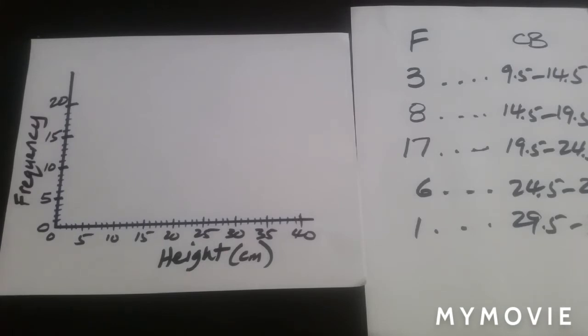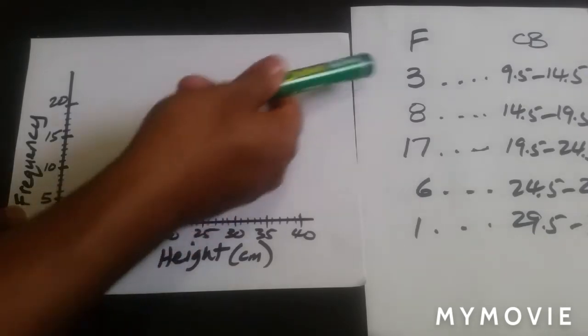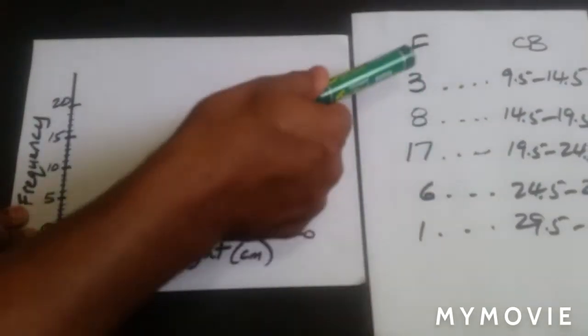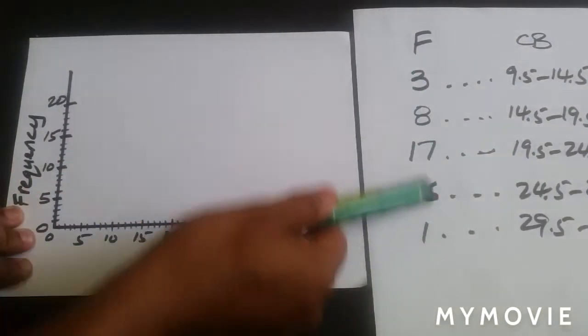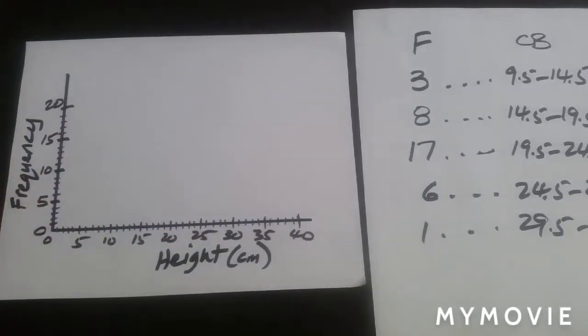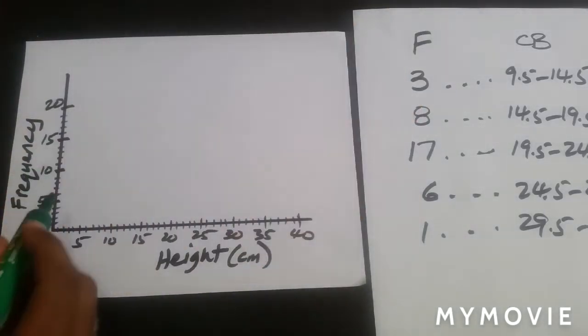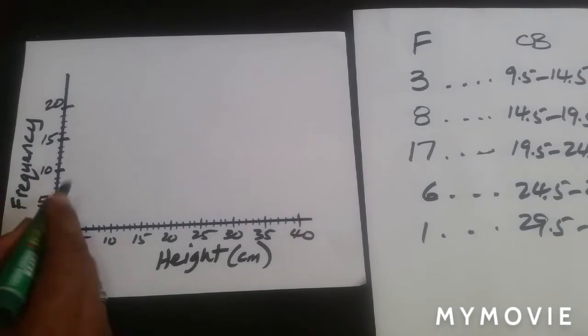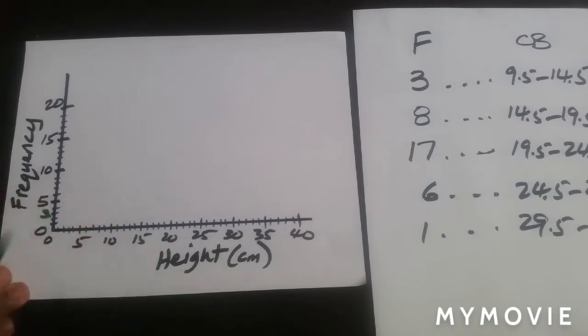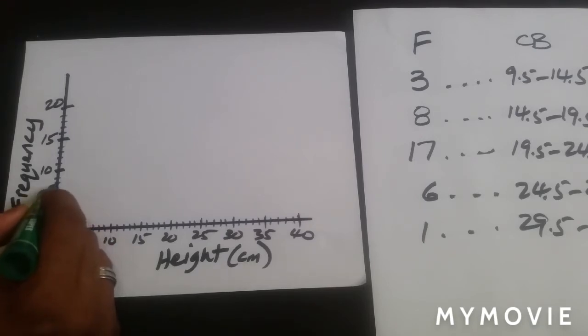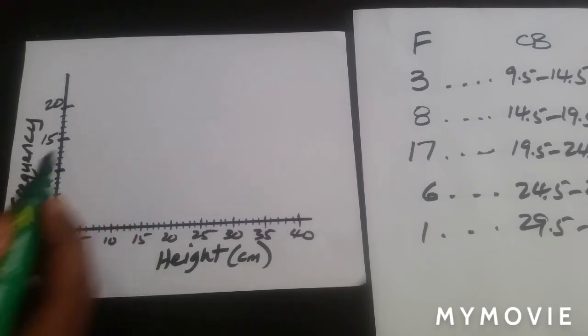All right. So the first thing that we're going to do is just make a note of the heights. These values here for the frequencies represent the heights of the bars. So let me find 3 first of all. So 0, 1, 2, 3. So here is 3. Just indicate that right there. The next one is 8. So 5, 6, 7, 8. So I'm just going to indicate that there.